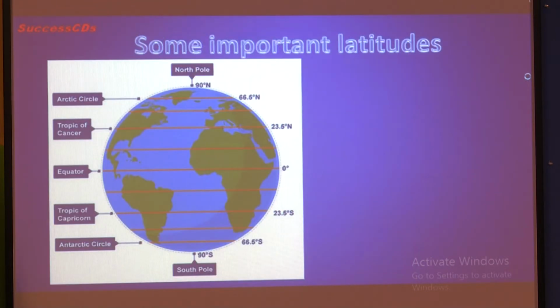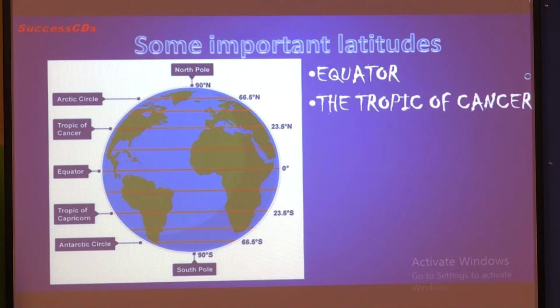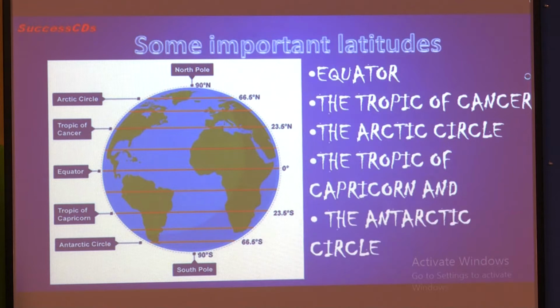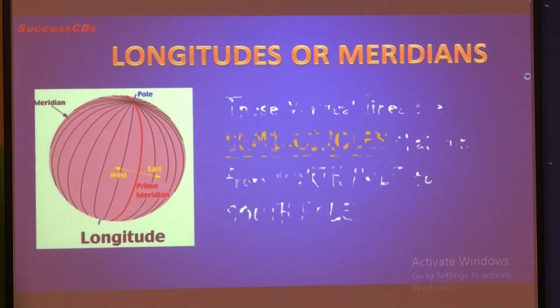Here are some important latitudes: the equator, the Tropic of Cancer, the Arctic Circle, the Tropic of Capricorn, and the Antarctic Circle.